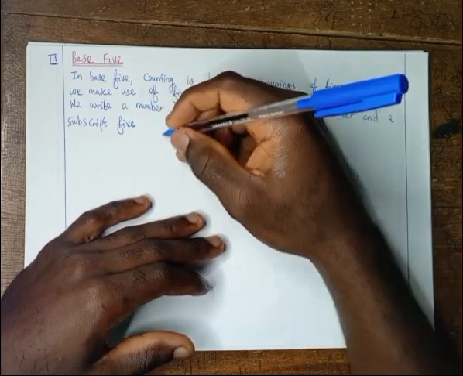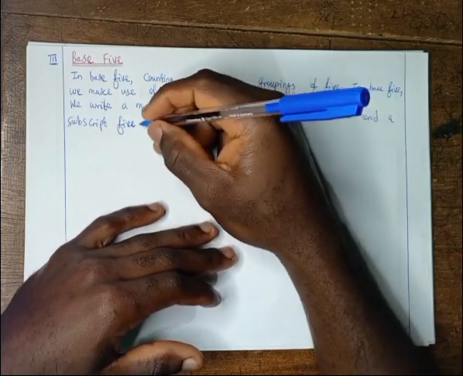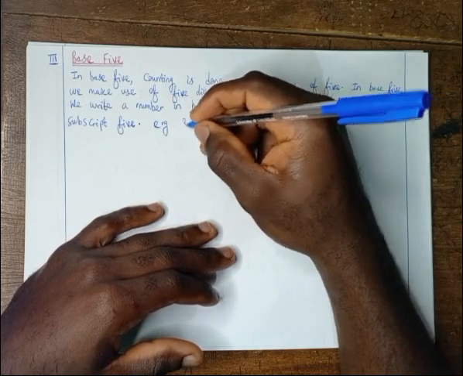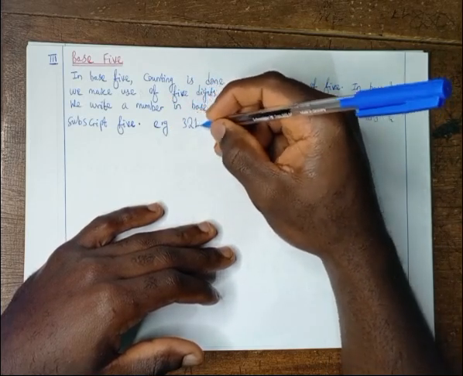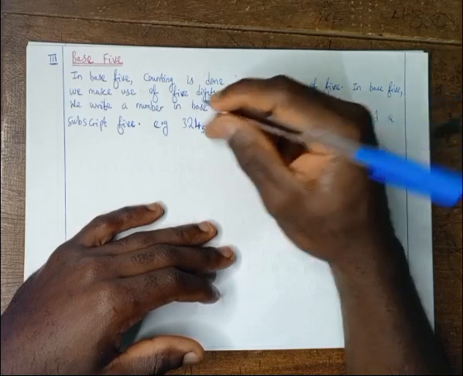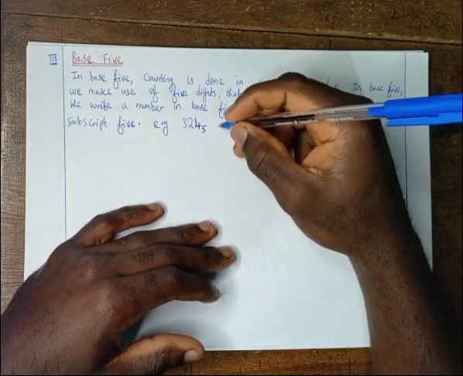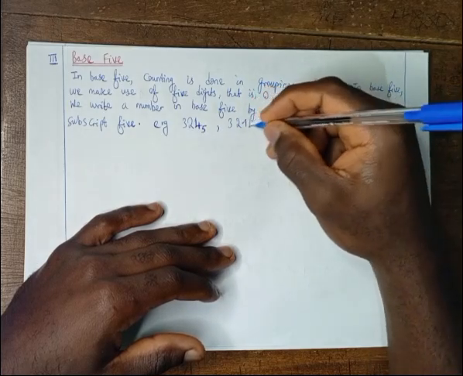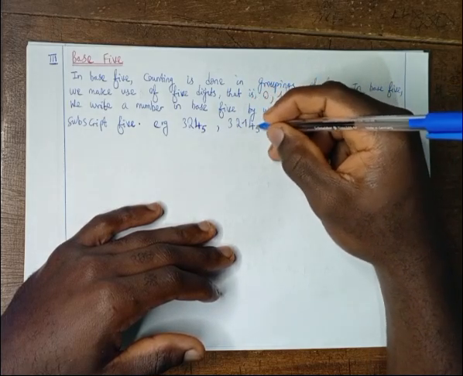For example, let's take an example given. The number 324 in base 5 is written with a subscript 5 at the end. That means this number is in base 5. The number 3214 in base 5 will be written with a subscript 5.